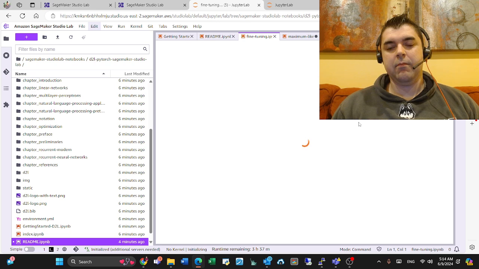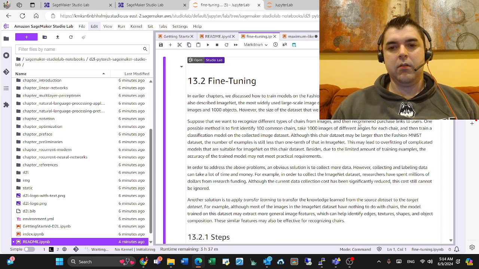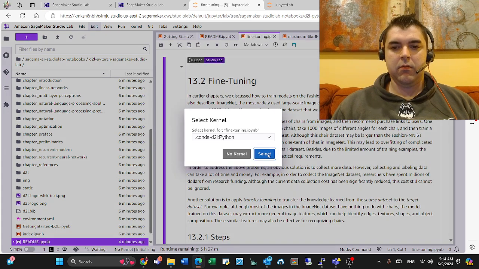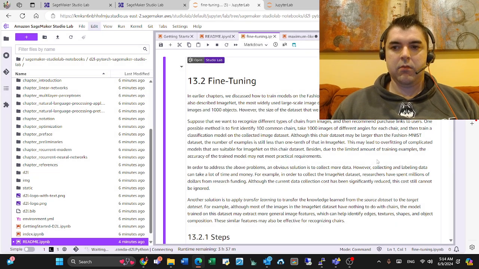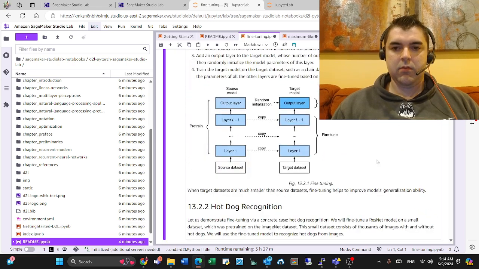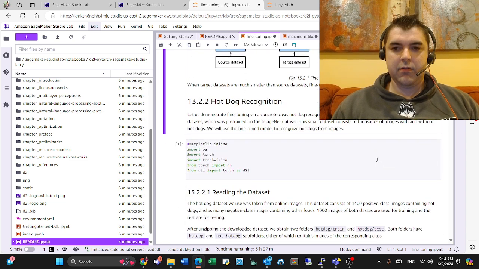Fine tuning. Layer, source dataset, target dataset, random initialization, target model, train from scratch, fine tune.